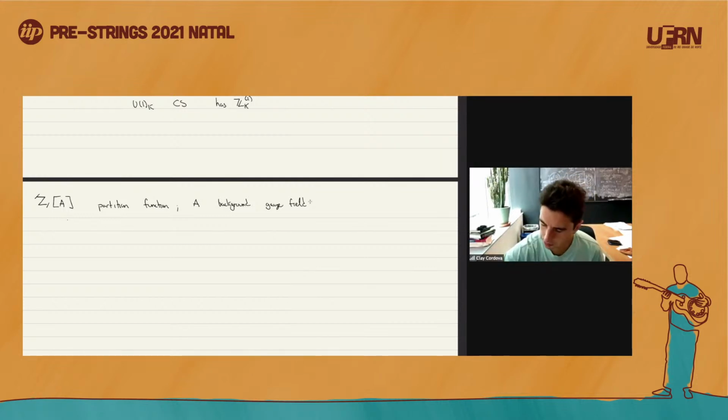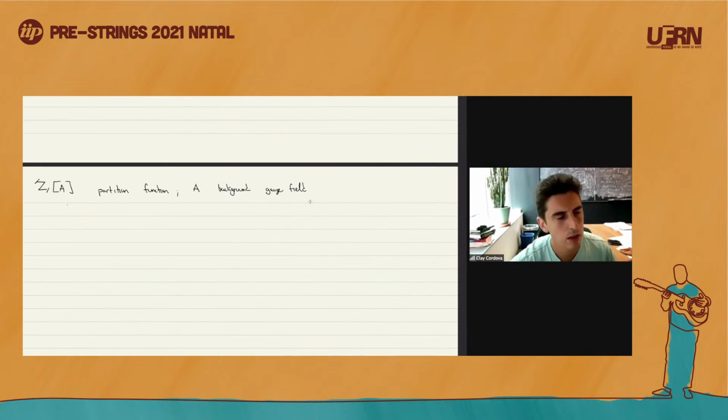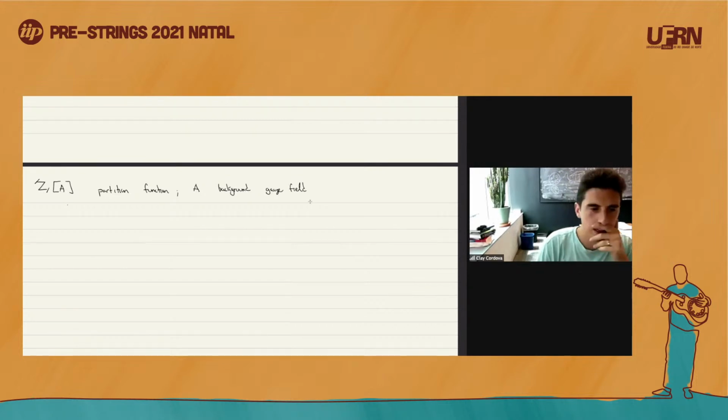So in the simple continuous case, Z of A was the generating function for current correlation functions. And in that context, in correlations, J is conserved at separated points.